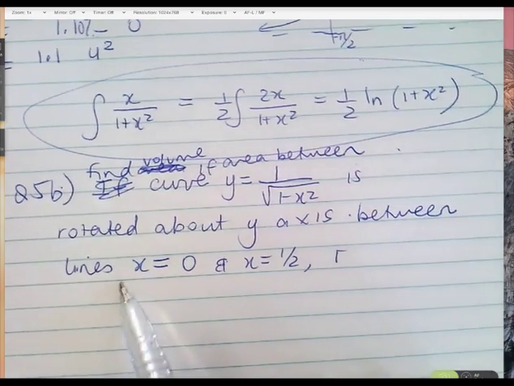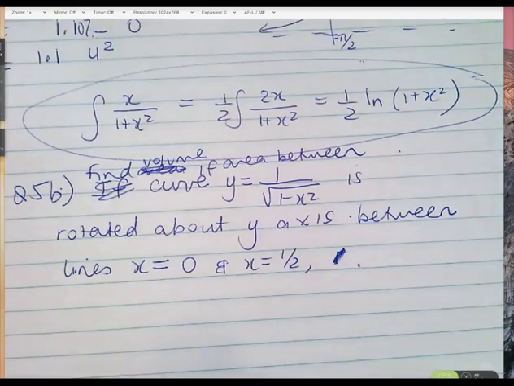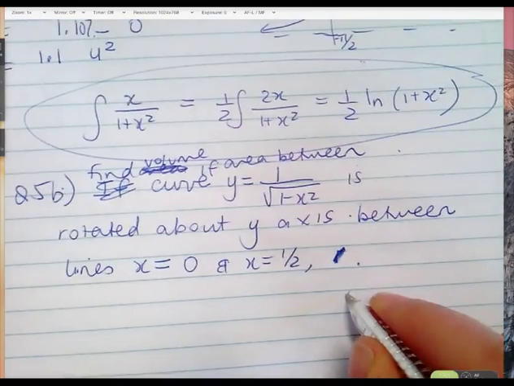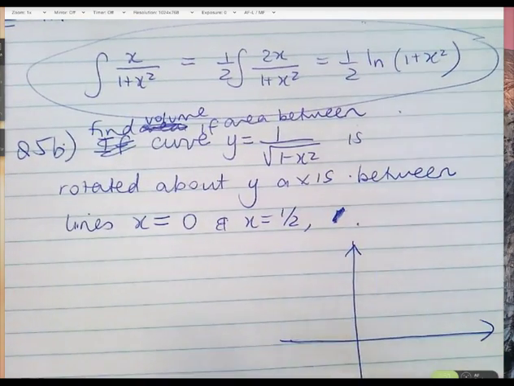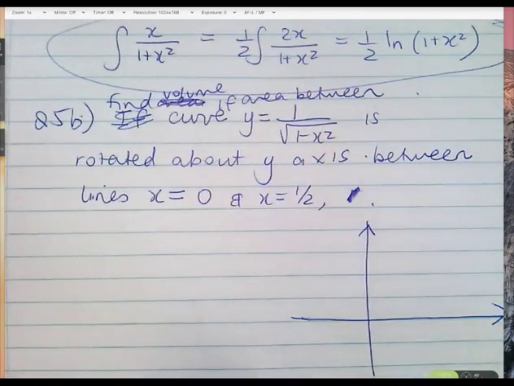But they're giving us x values here, not y values. Okay, so we've got to get the y values. So, all right, I'll draw a little sketch. Yes, because if you're integrating dy, you substitute in y values, not x values.